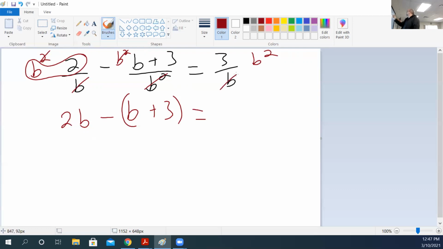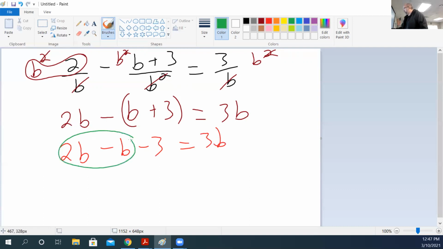On the other side, the b cancels one of the b's, so it gives us 3b. Then let's get rid of the parentheses: 2b minus b minus 3 equals 3b. Let's combine like terms: 2b minus b is b, minus 3 equals 3b.